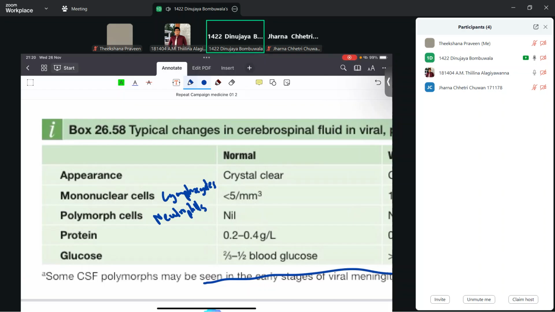So we know if an acute infection occurs, acute inflammation occurs, the first cell lines to go up are the neutrophils. In most of the conditions, neutrophils go up in the earlier stages of chronic infection, and later on the neutrophils are not much increased, but the lymphocytes become increased.